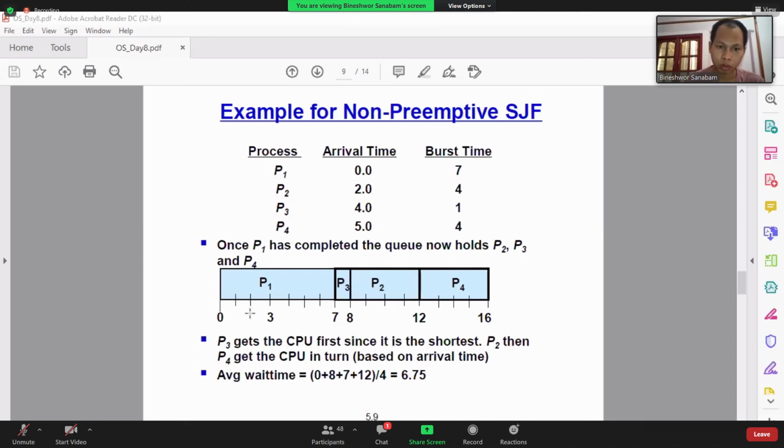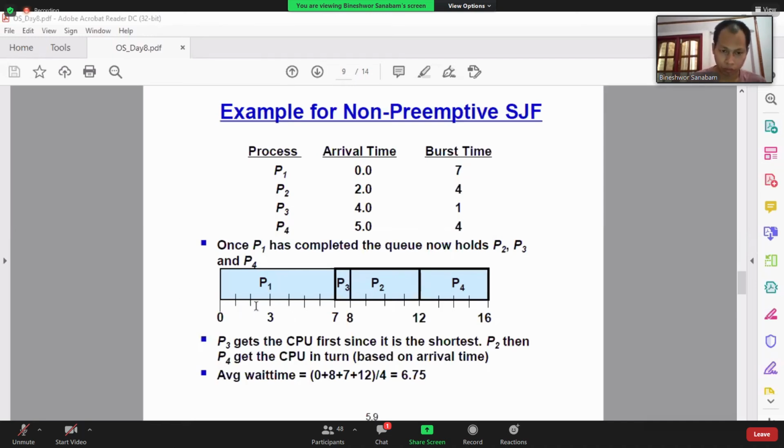So at time 2, process P2 arrives, and its burst time is less, but since the CPU is used by the first process P1, it will be used till time 7, as it's non-preemptive. At time 4, process P3 arrives. At time 5, process P4 arrives.